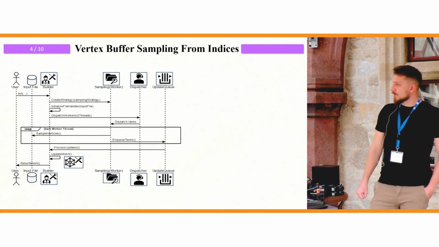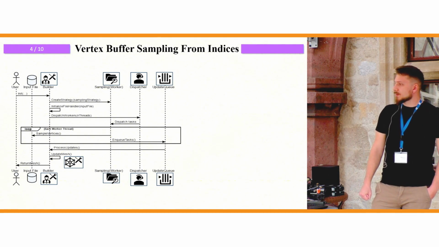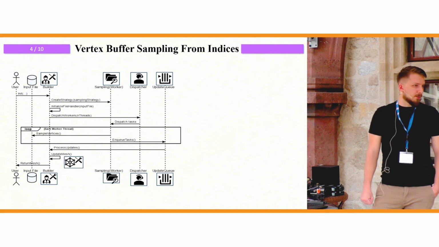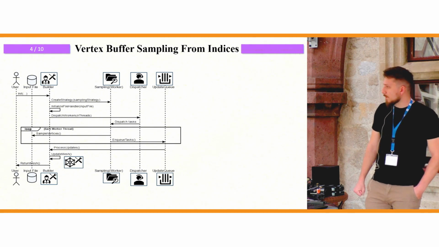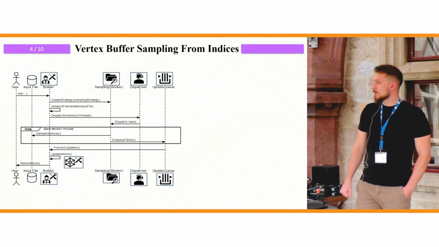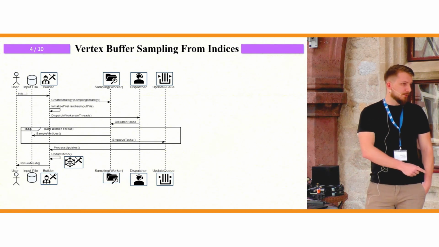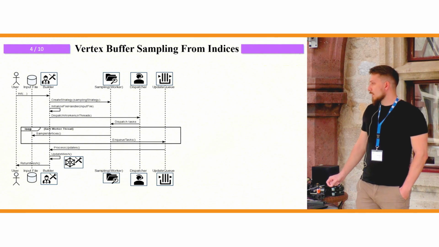The working version of this, which has already been tested, looks as follows. This diagram basically says that a user puts in a file, then there's this builder object that creates this strategy which samples the raw data in the file.